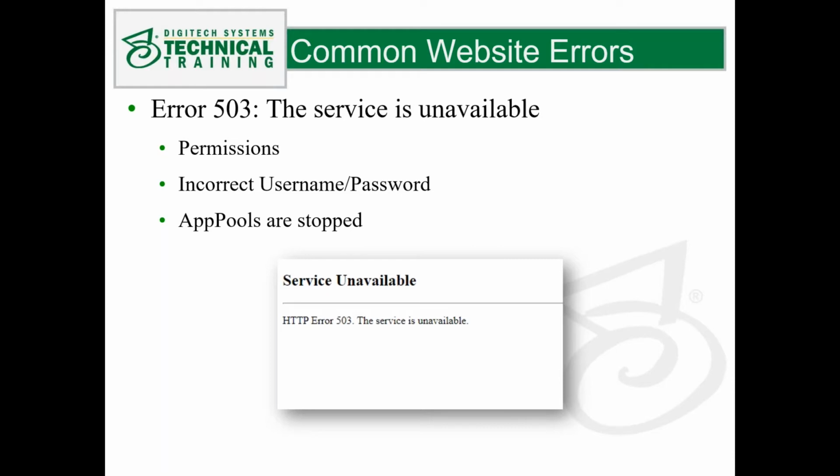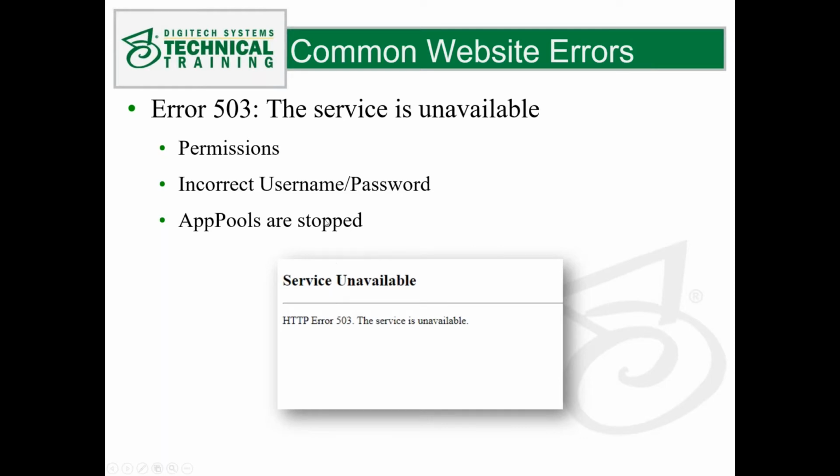What causes that to happen most likely is a permissions issue, or an incorrect username and password entered for the IIS user, and the application pools are stopped, causing it to show service unavailable.